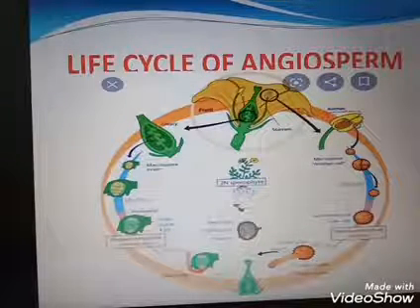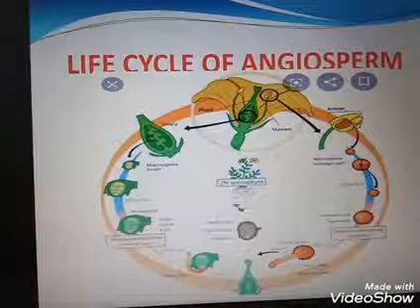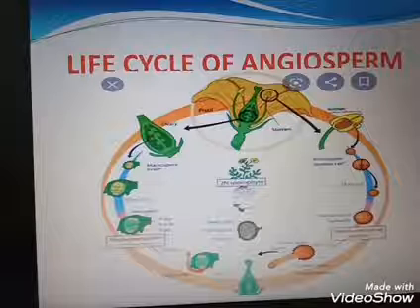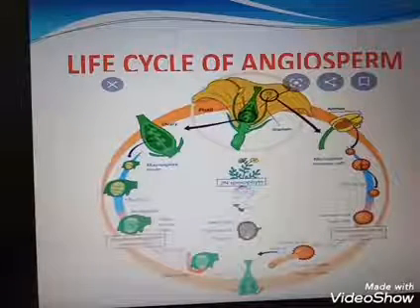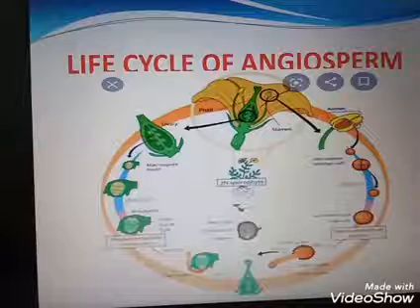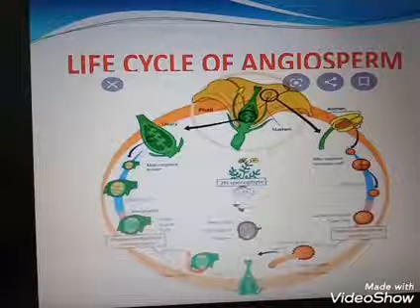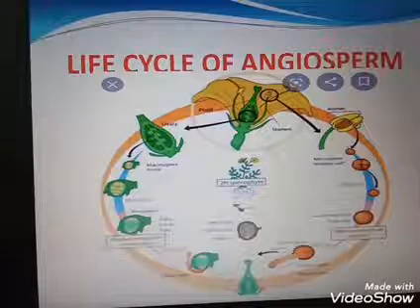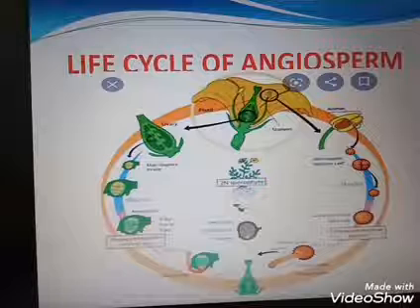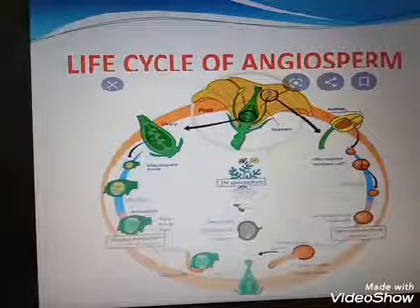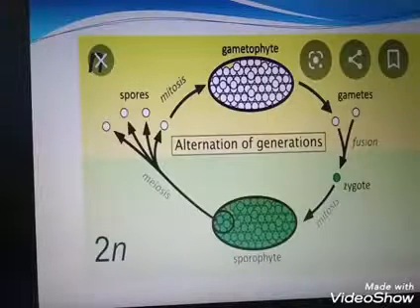Dicotyledons means the embryo with two cotyledons, reticulate venation, and the plants have a taproot system, etc. Monocotyledons means the embryo is with one cotyledon and the leaves show parallel venation. Okay. So this is the classification of the angiosperm. I hope you understood the life cycle of angiosperm and also the structure of the embryo sac.